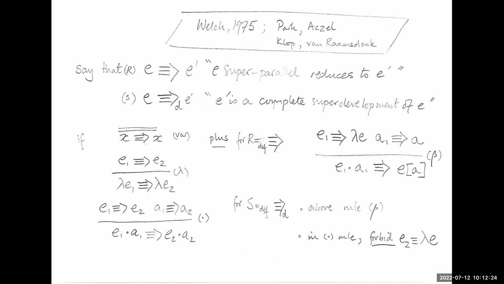So Welch's tech report, which has languished in obscurity for 45 years, claims that the idea is probably due to the late lamented British computer scientist David Park at Warwick, but also maybe borrows ideas from Peter Aczel, the Manchester logician, who followed essentially this schema for general rewriting systems, on the basis of which the Dutch school under Jan Willem Klop and his student Femke van Raamsdonk sort of codified the idea of super development.